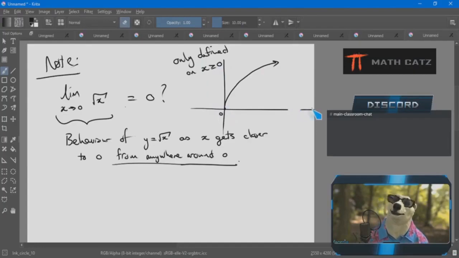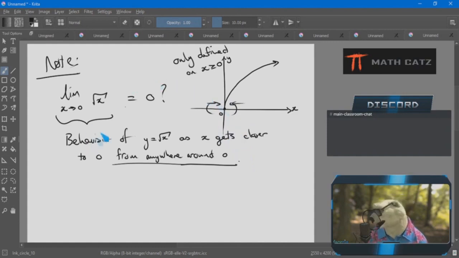So in this special case, it's very special, it's very specific, where I am interested in what happens at 0, I want to be coming towards 0 from anywhere and ask, how does the graph behave?